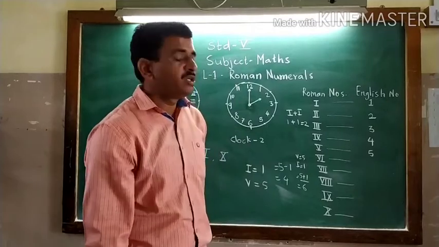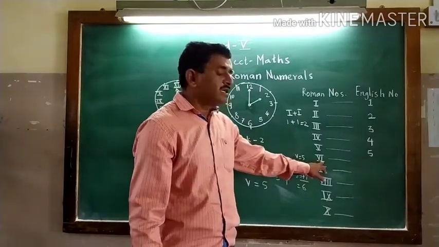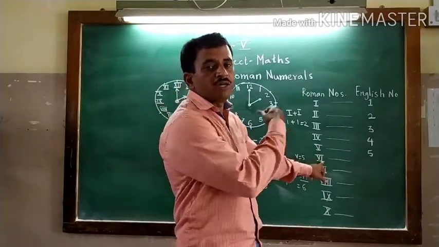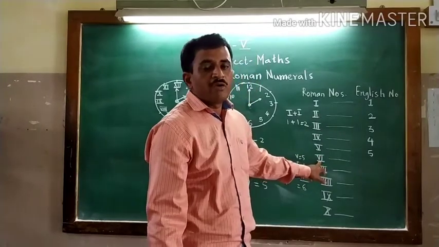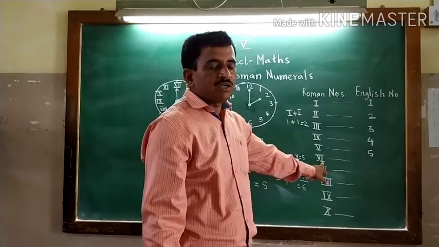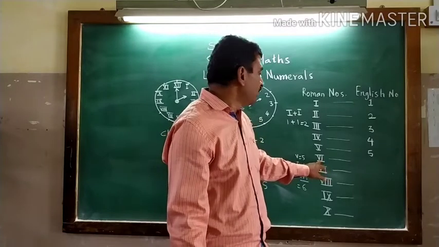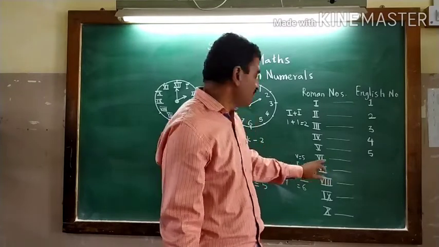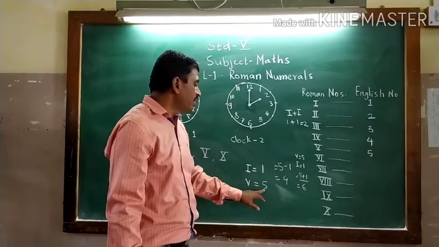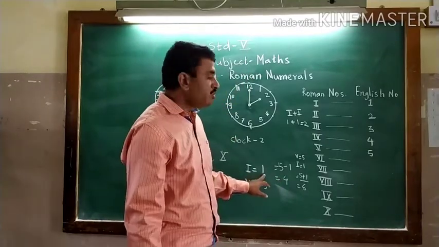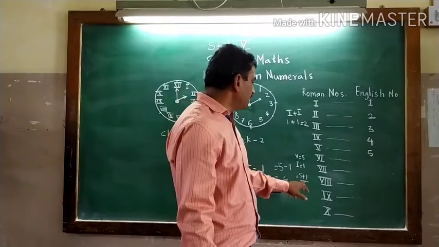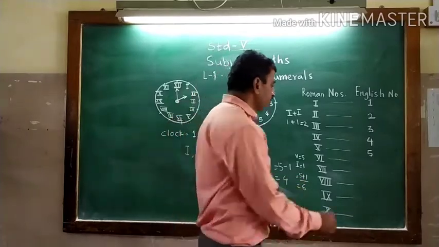Why 6? Because this I is placed on the right side of this V. When it is placed on the right side of V, then value of I gets added into the value of V. Value of V is 5, value of I is 1. Both get added and it becomes 6.